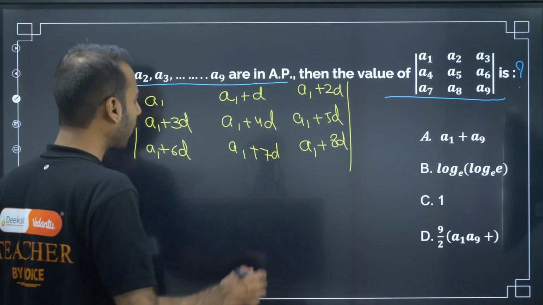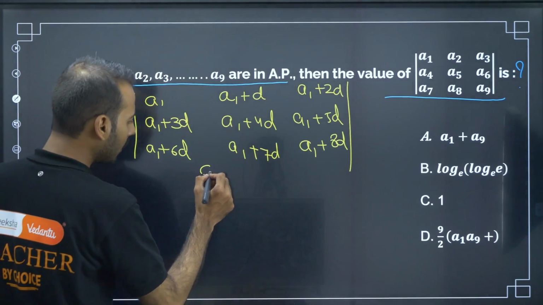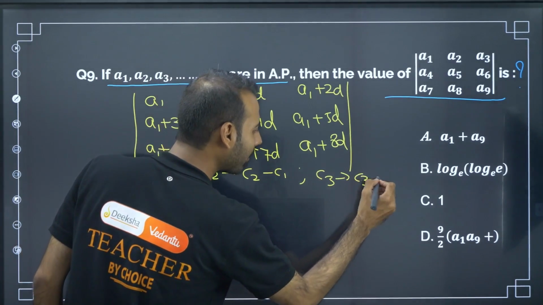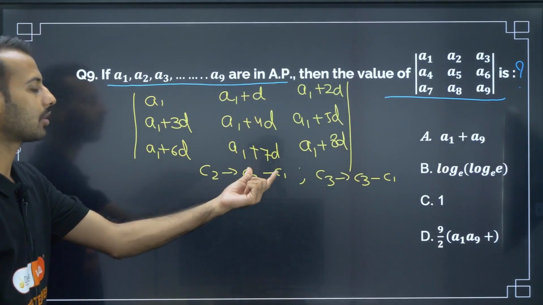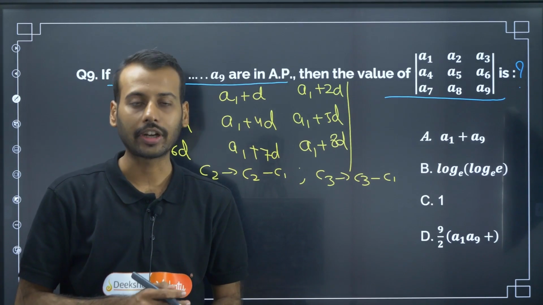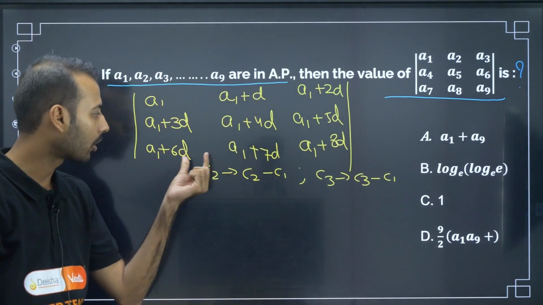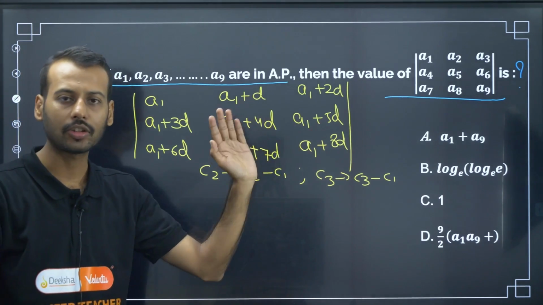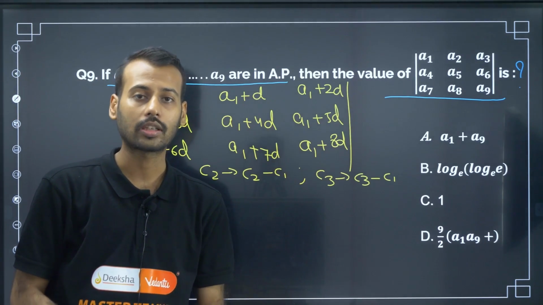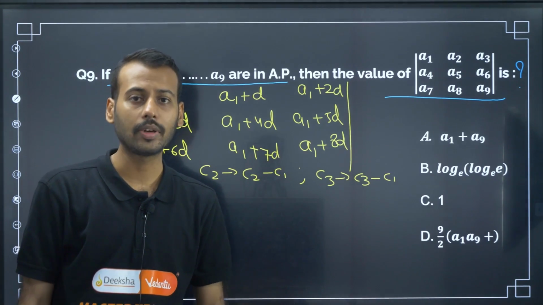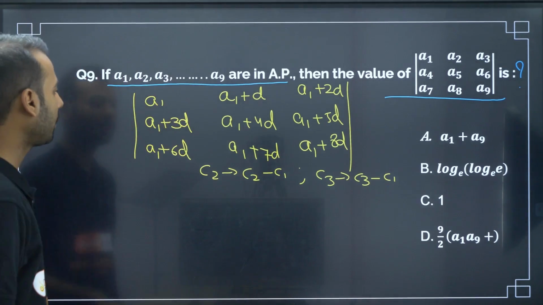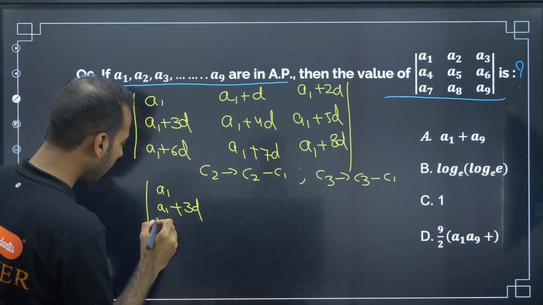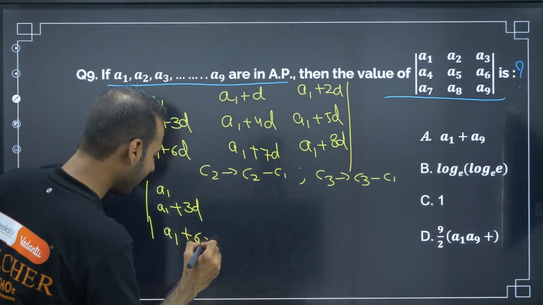Now further, if I go for C2 to C2 minus C1 and C3 to C3 minus C1, we can do such operations. If you go through the properties of determinants, you can go for any such operation and the value of the determinant is not affected. There are a total of 7 properties of determinants given in the determinants chapter. Please go through those properties. Every time I say you should be knowing all the properties. So a1, a1 plus 3d, a1 plus 6d.